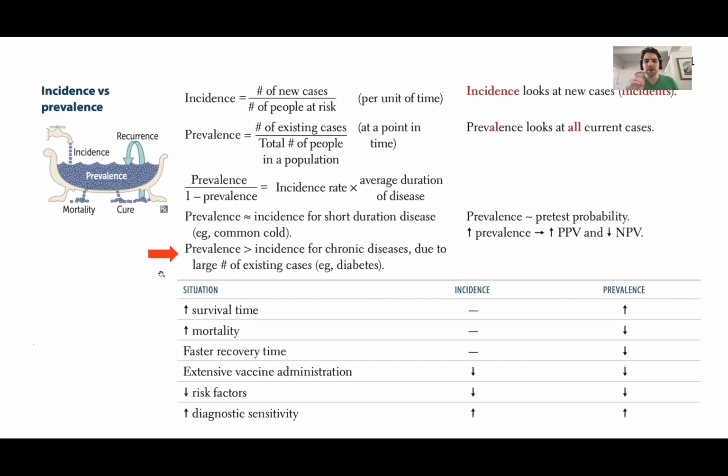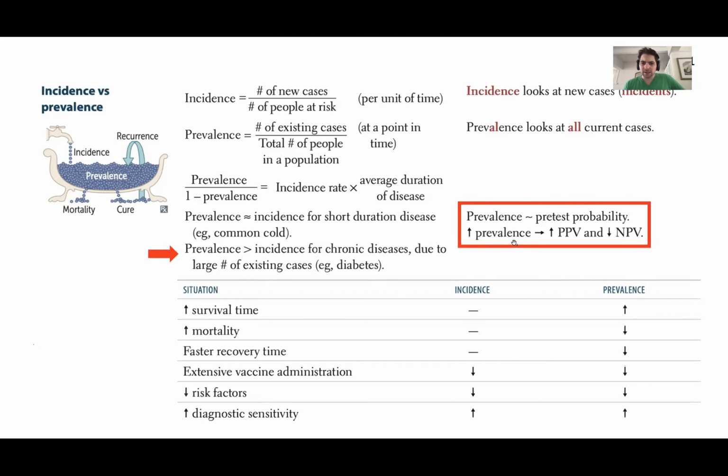Now, the thing I wanted to point out here is when you have some sort of novel treatment, some sort of new chemotherapy, so people are living longer, that's the same situation as a chronic disease. The prevalence is going up compared to the incidence rate, just because people are living longer. Now, this is really tricky too, but it's important.